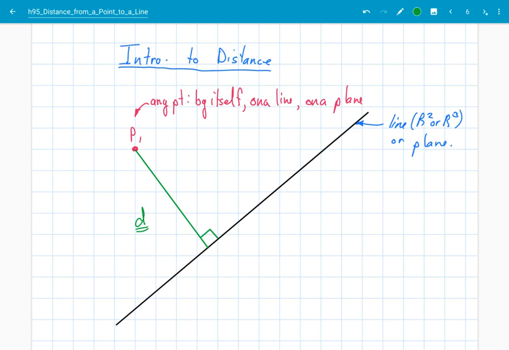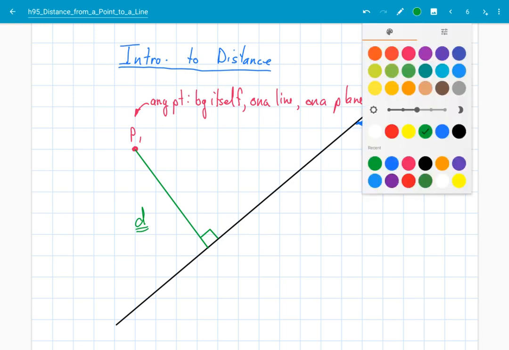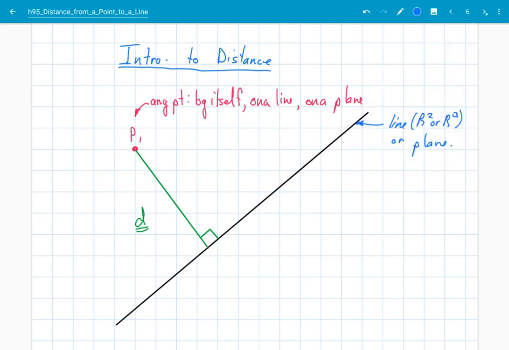All right. And we're going to dress this up a little bit now. So what do I mean by that? Well, on our line or plane, we have P naught. We have a direction vector for the line or plane, U. Okay. We have the normal, right, to the line or the plane.